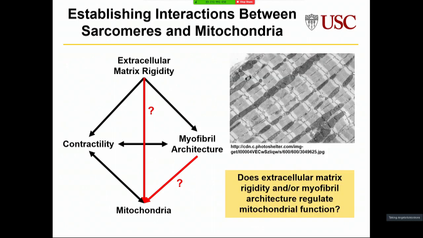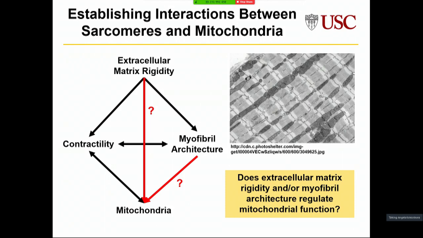So one area that we're interested in is looking at how things like the matrix stiffness, the alignment of the tissue, and how the cells are organized affect mitochondria, and whether there are pathogenic effects of these features that are causing metabolic defects.